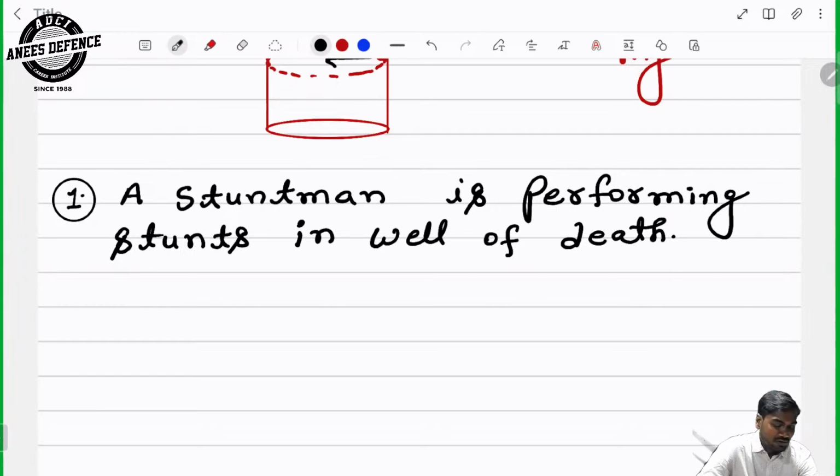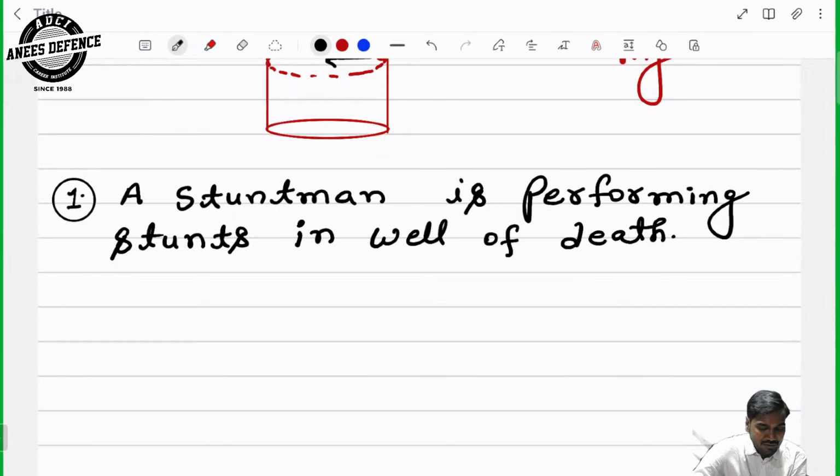Have you seen the well of death? In a circus, there is a cylindrical wall, and a person is doing a stunt, and during that stunt he will make a circular path using a bike.